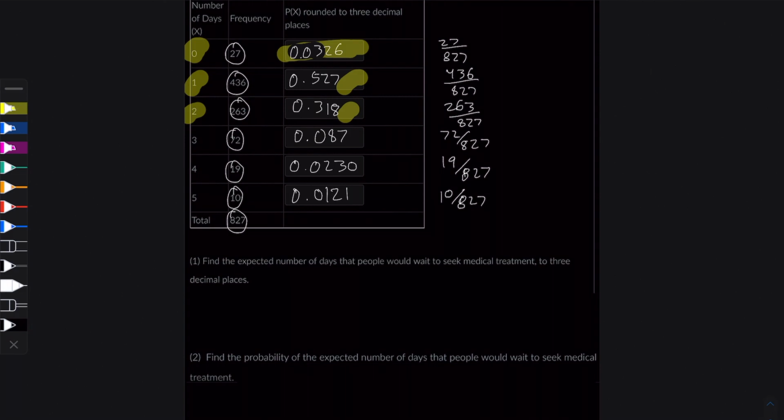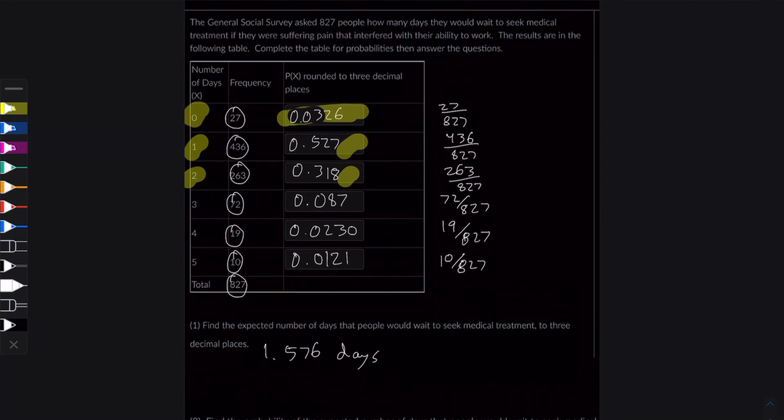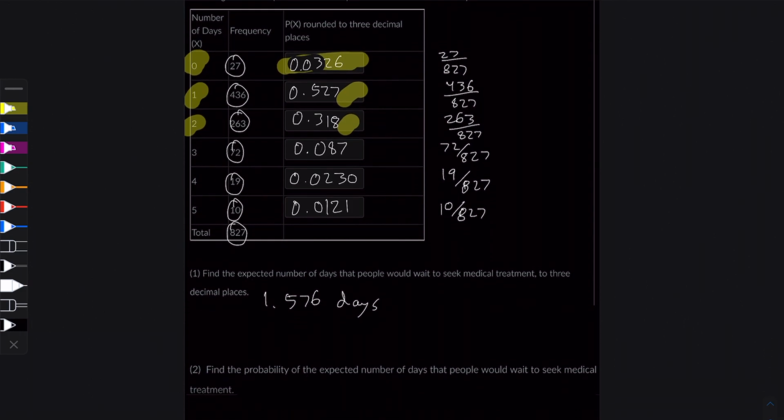And so I already have the answer down here. This is going to end up being 1.576 days. And that makes sense with what I was saying earlier, that the frequency of 1 and 2 are a lot higher than the others. So it makes sense that this expected value is going to be somewhere in between 1 and 2.